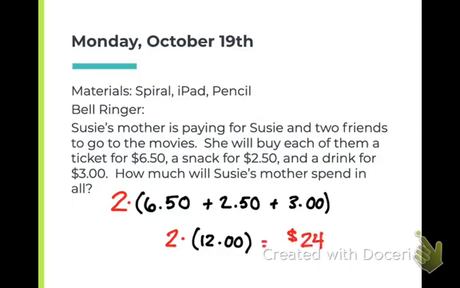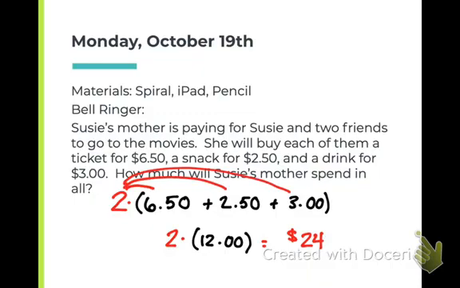Here's the cool thing about what we're doing today. We're going to learn that the distributive property tells us if we have a number outside the parentheses, we can either do everything inside the parentheses first and then multiply by 2, or we can take that 2 and we can distribute it or multiply times everything inside the parentheses.